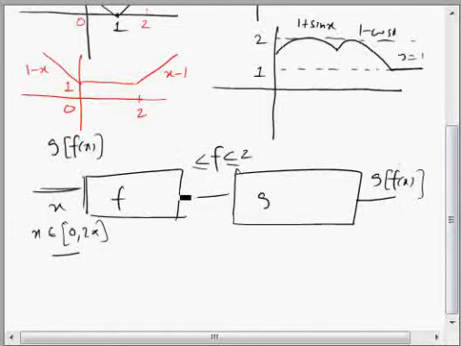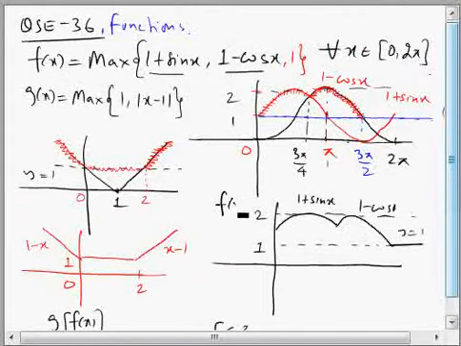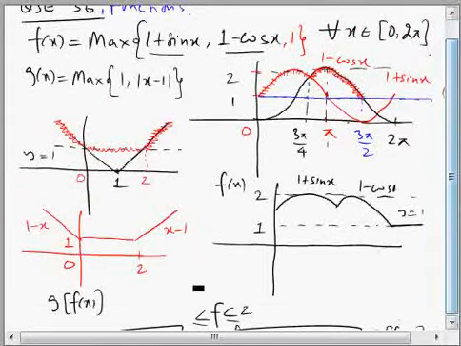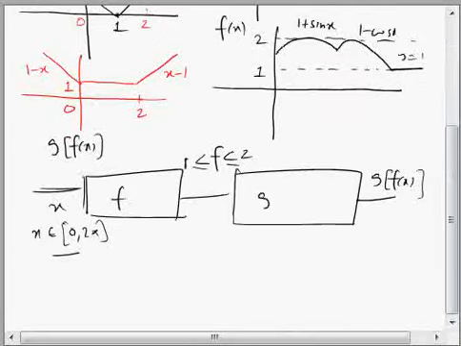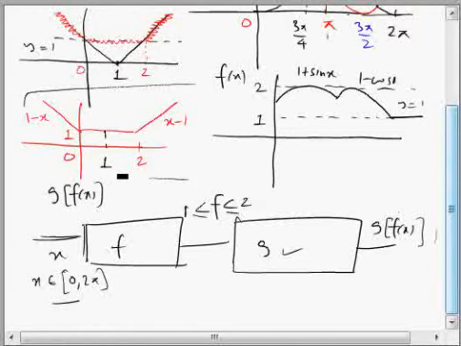Output of the box, repeat this: if I replace x belongs to 0 to 2 pi in function f, whose graph we just discussed, this is the graph of f, the output is between 1 and 2, the range is between 1 and 2. And when these values between 1 and 2 are fed to this g block, we need to figure out what is the final outcome. When 1 to 2 is given to this as input, this is the graph of the second g block. 1 to 2 is fed as input, it throws output equal to 1.